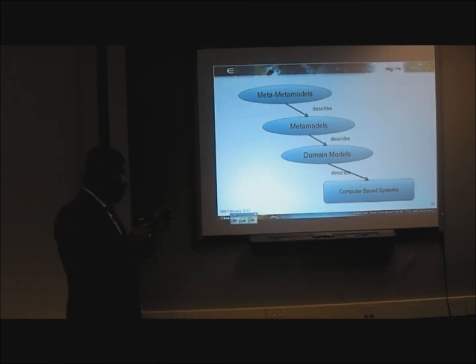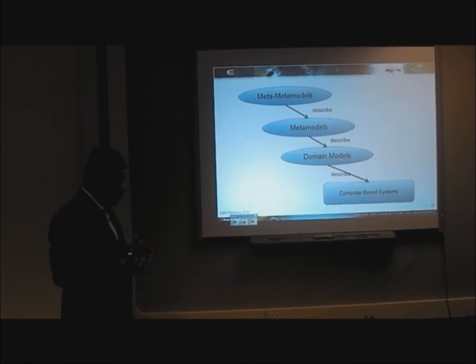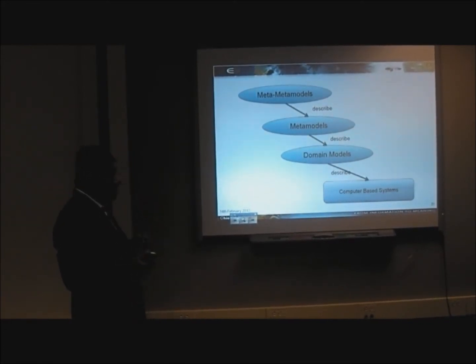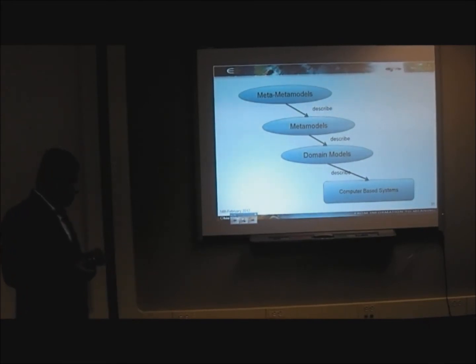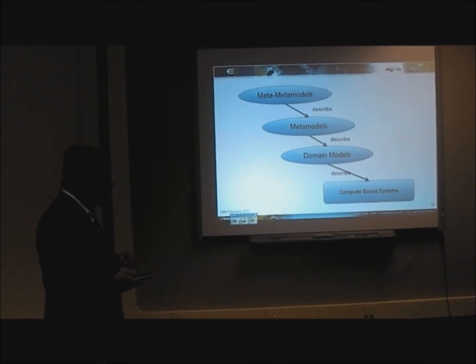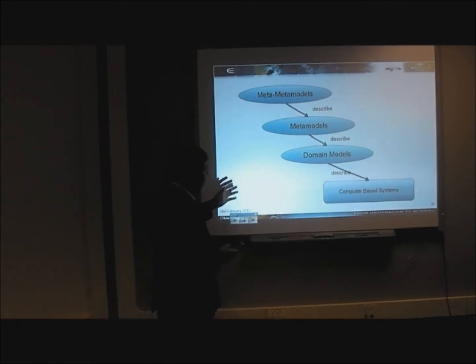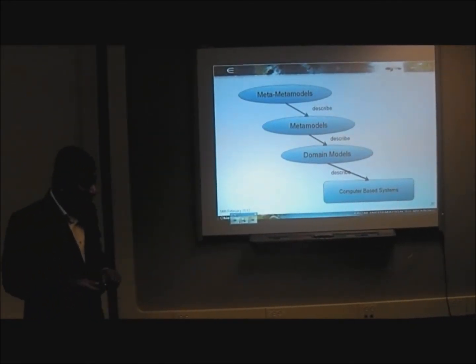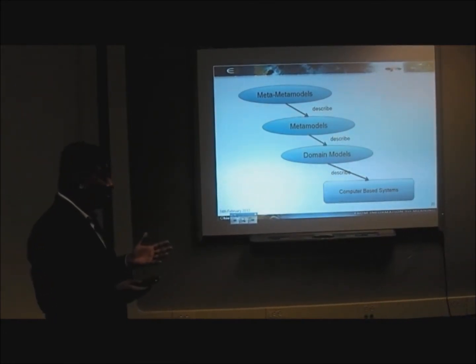You could say, okay, this domain should adhere to this meta model, and so on. What is important for us, at least in our research, is we are around here. But I'm just giving you a reference saying that there is a certain concept of meta models that comes into play.